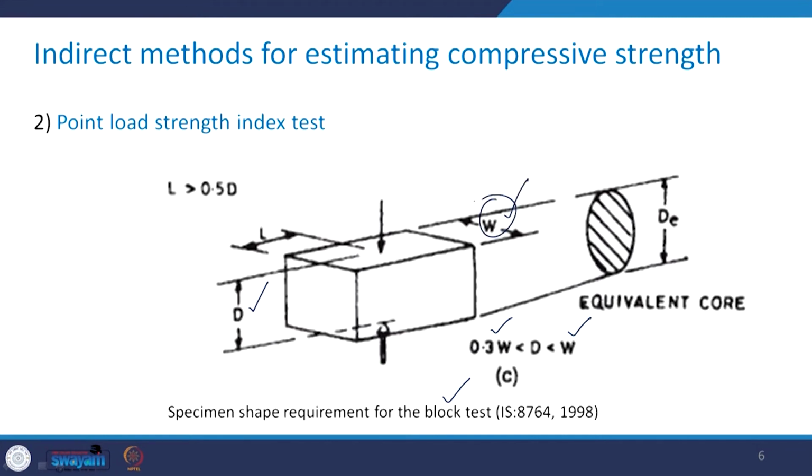And again the length, that is in this direction wherever the loading is applied, that distance from this face should be greater than 0.5 D. Unless we have this, we cannot use this method to determine the compressive strength.